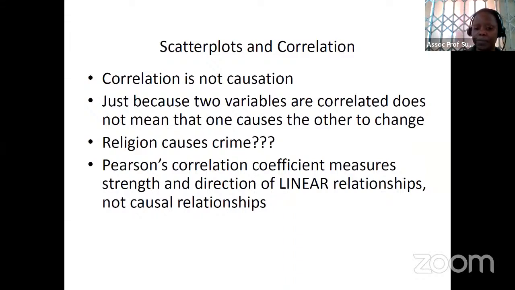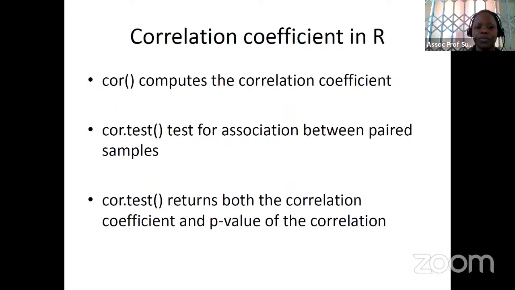In R, we use a function called cor, with the variables in brackets, to compute the correlation coefficient. And if we want to test the association between the two variables, then we use cor.test. So cor.test gives you both the correlation coefficient and the p-value.